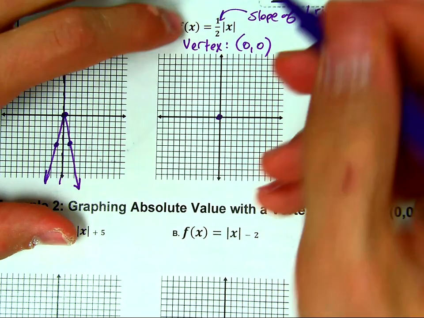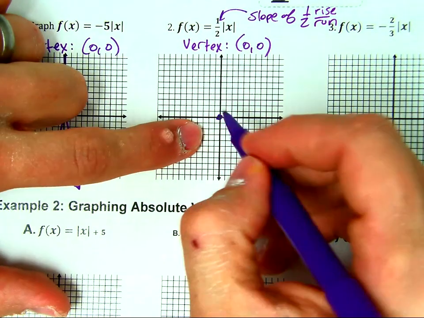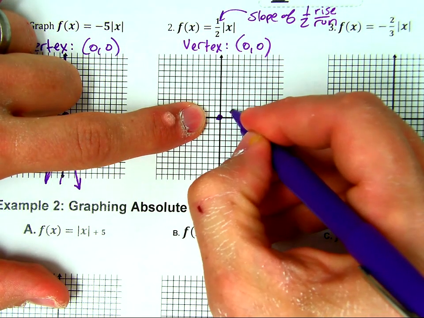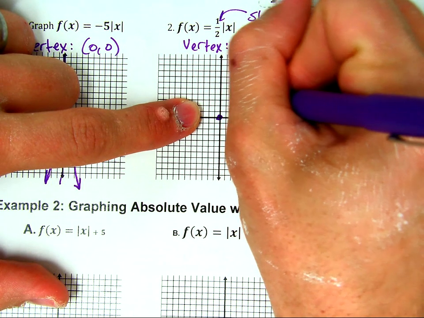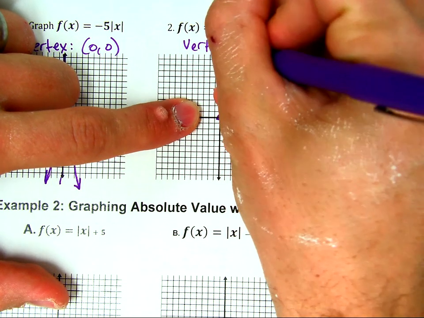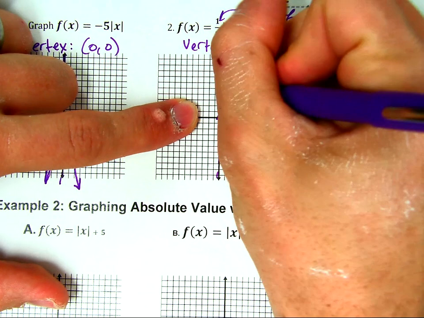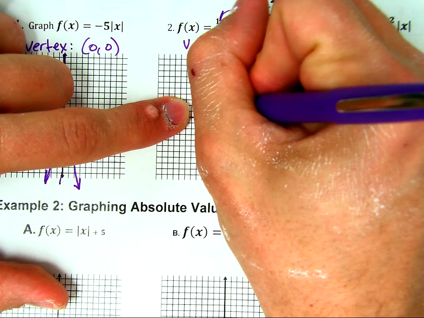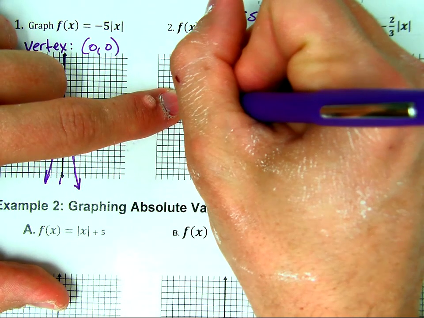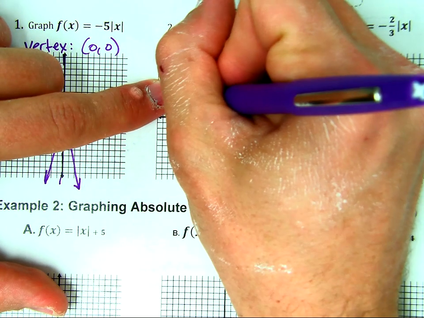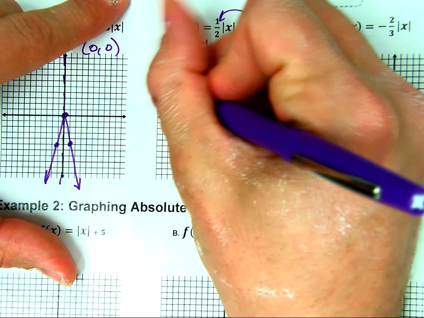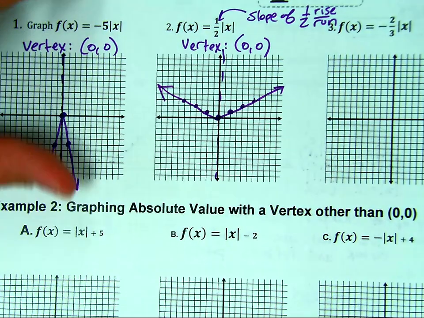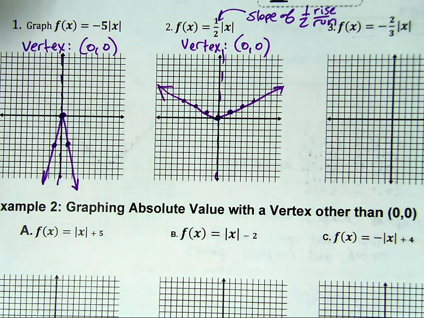So here where it's a positive 1/2, I can go up 1 over 2, and you can continue to go up 1 over 2. Our axis of symmetry allows us to reflect these points. We can sketch the graph. That's your graph of 1/2 absolute value of x.